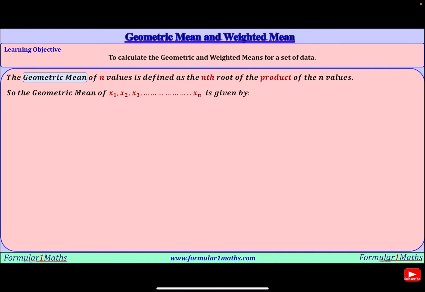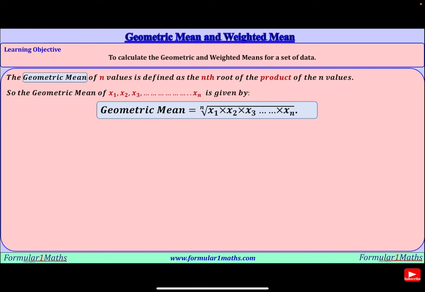So, the geometric mean of x1, x2, x3, and so on to xn is given by the nth root of x1 times x2 times x3 until xn. Please note that this operation here is multiplication, not addition, as the definition states here.